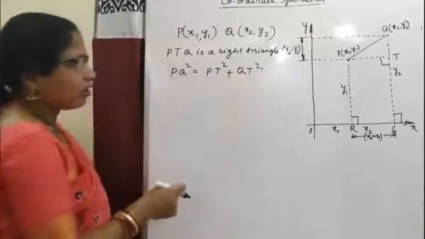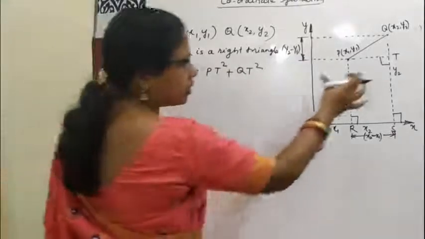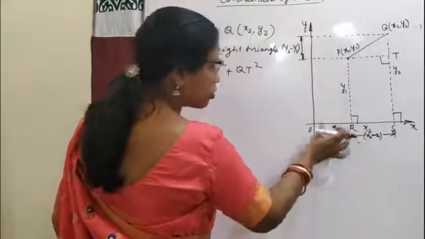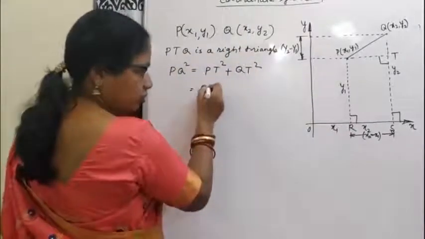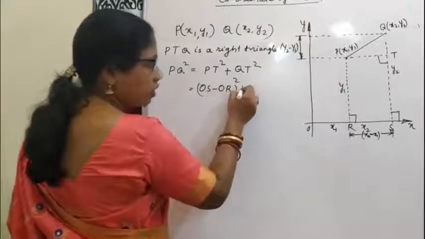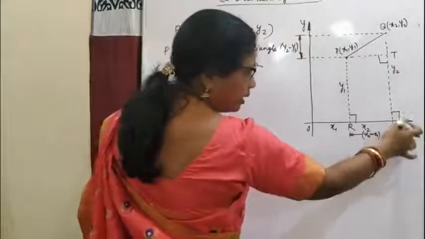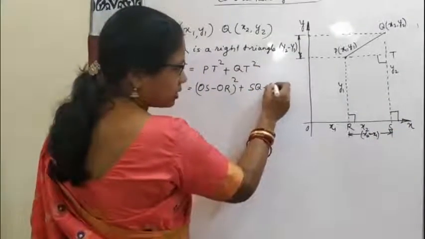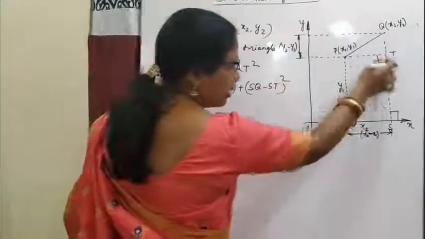Then from the figure, what is PT? PT is equal to OS minus OR. So this is equal to OS minus OR whole square, plus QT. QT is SQ minus ST whole square.